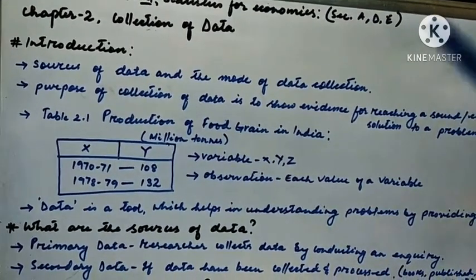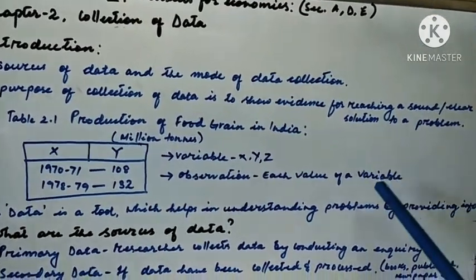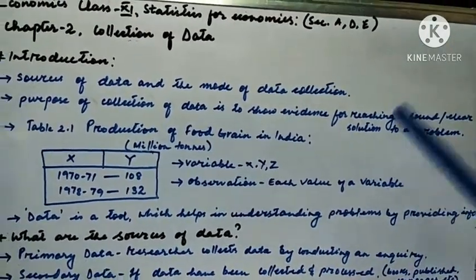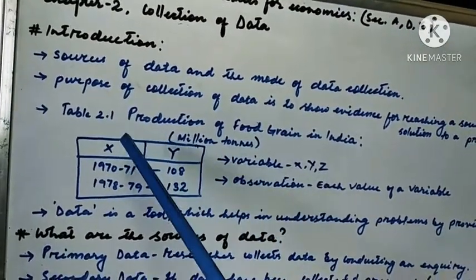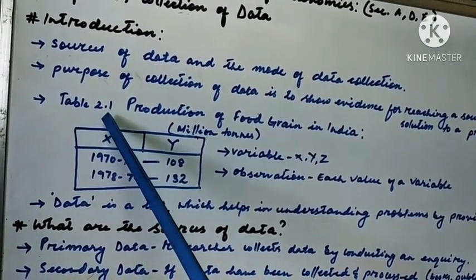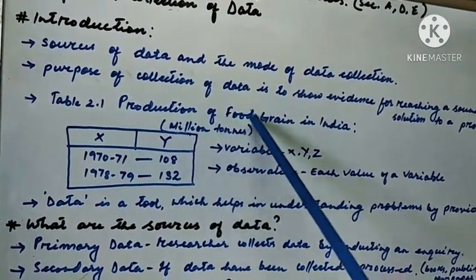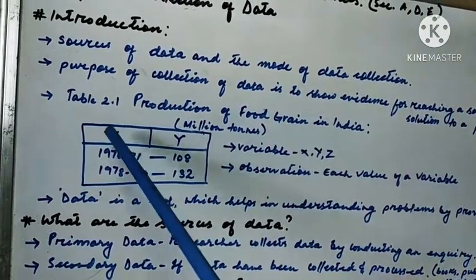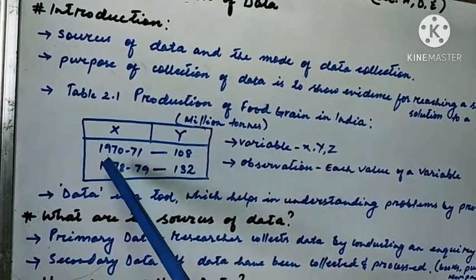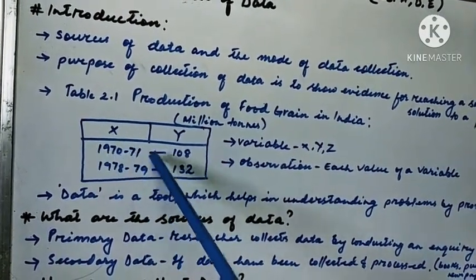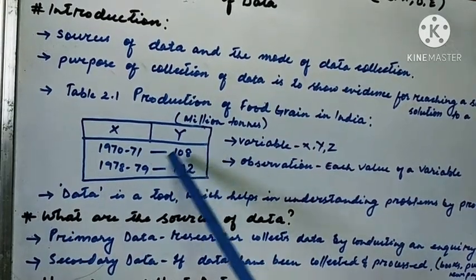Let's take the example of table number 2.1, which is production of food grain in India. We have X and Y, and then 1970-71, with 108.